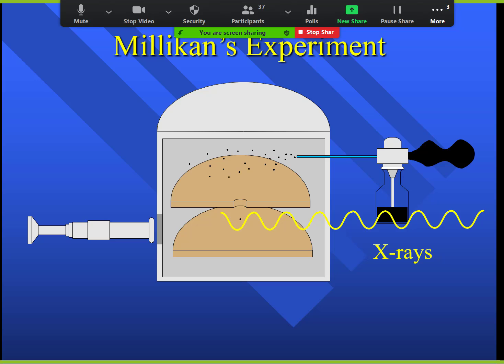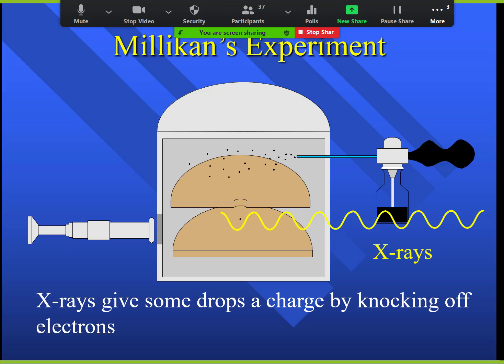So now he's got drops of oil falling straight down, getting hit with X-rays. He didn't know what X-rays were. That's why they're called X. But he did know that when an X-ray hit those oil drops, it would knock off some of the electrons. He couldn't control how many it knocked off, but he knew that's what it would do.